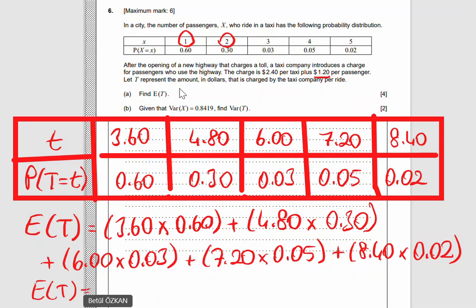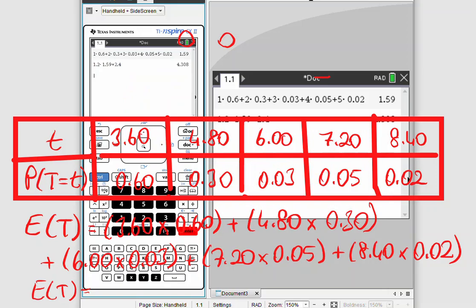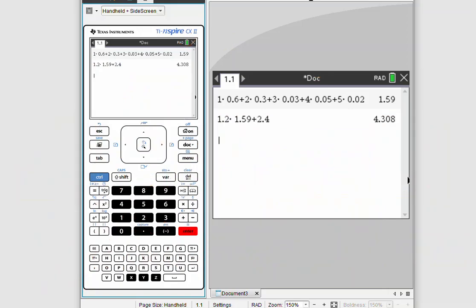Let's check whether our answer is correct or not. Right now, let me turn back to the TI. Let's write this equation one by one.